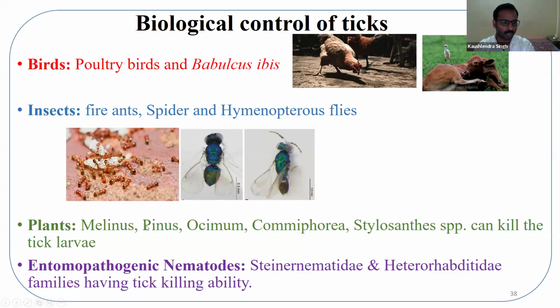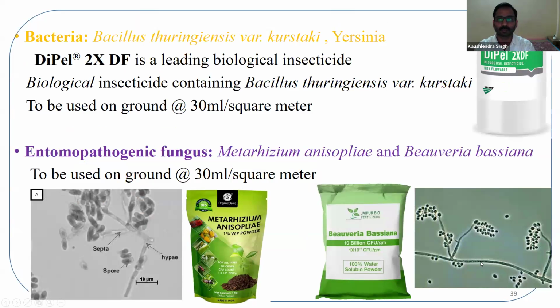If we talk about entomopathogenic nematodes, the Steinernematidae and Heterorhabditidae families have tick-killing ability. A few biological products are available in the market, that is the bacterial product Bacillus thuringiensis, commonly known as Dipel 2X-DF, which can be used on the ground at the rate of 30 ml per square meter for control of the tick.